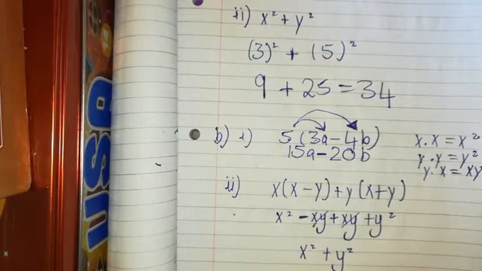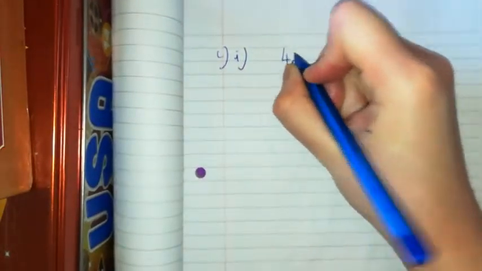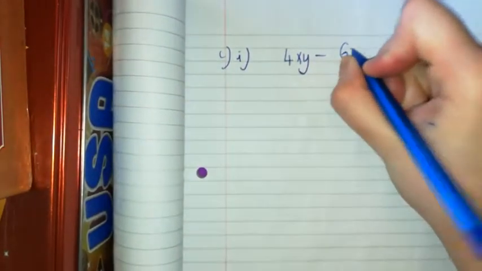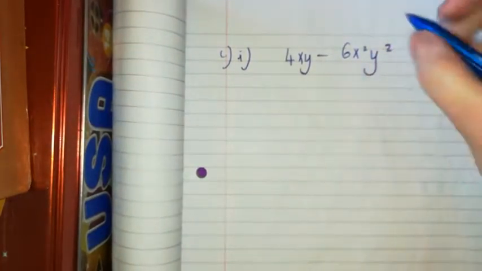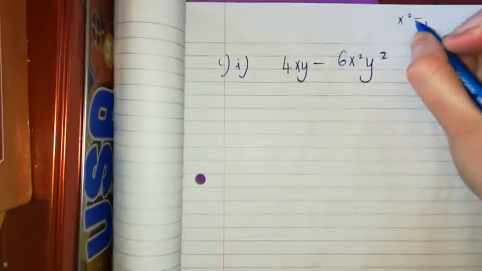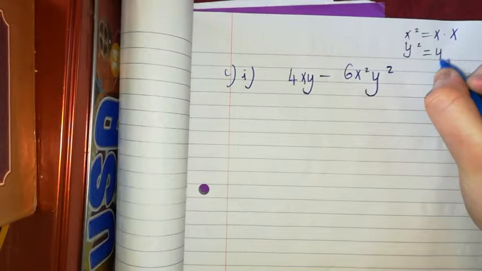And then part C I was asked to do is factorize fully each of the following. So C1 is 4xy minus 6x squared y squared. So bearing in mind that x squared is x by x and y squared is y by y.